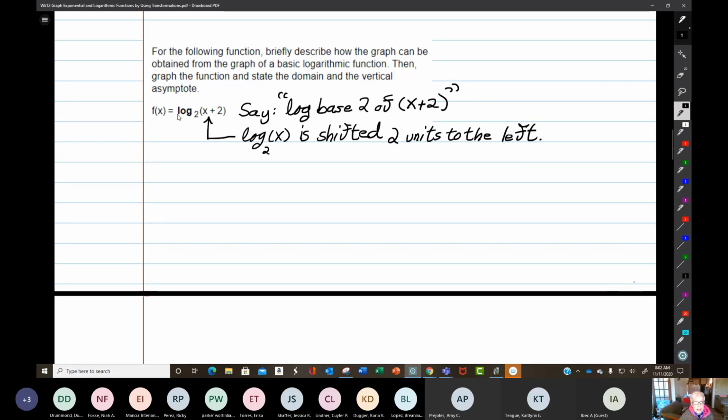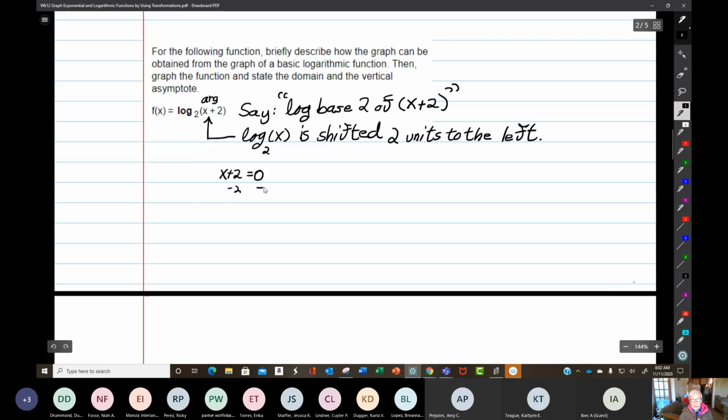Here you have f of x equals log base 2 of parentheses x plus 2. This is the argument of the function. The plus 2 in here with the x is going to be horizontal movement. So you take the x plus 2 out and you set it equal to 0.